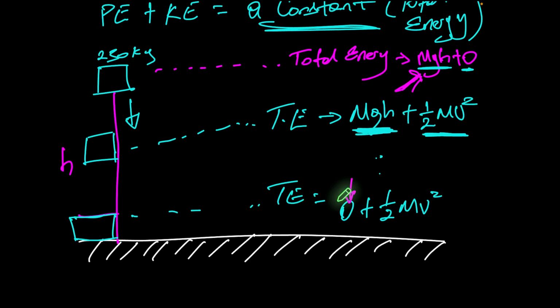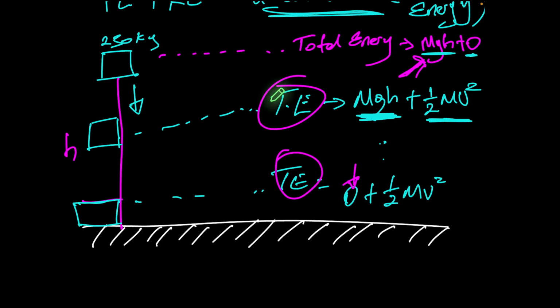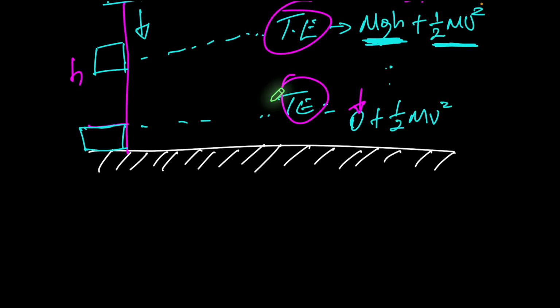So what that means is that the one thing that's constant is our total energy. Our total energy is always going to be a sum of the potential energy and the kinetic energy. Let's see what happens when we relate the two.